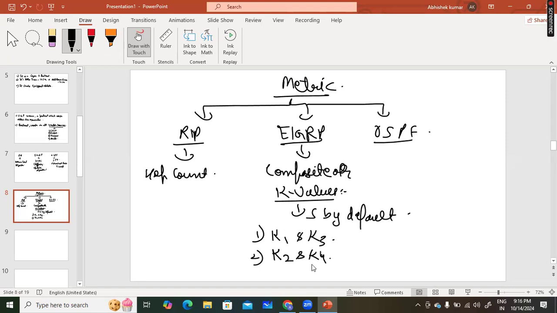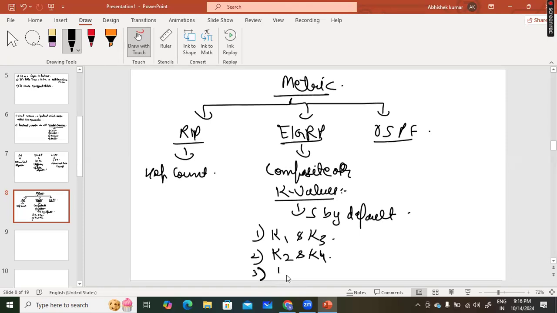Do we use K5 as well? No, it is never considered. Exactly. And how do we calculate the metric in the case of OSPF? Using cost. Cost means bandwidth.